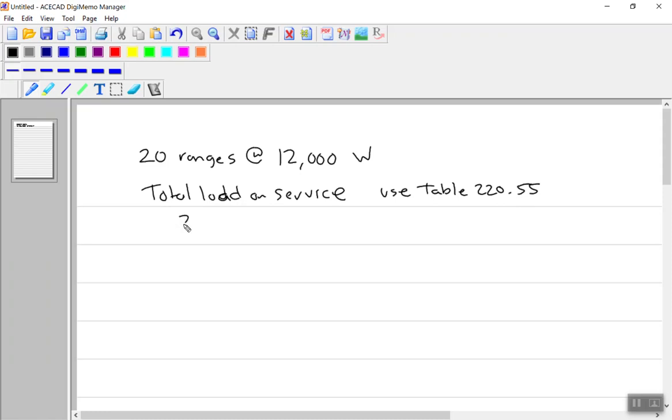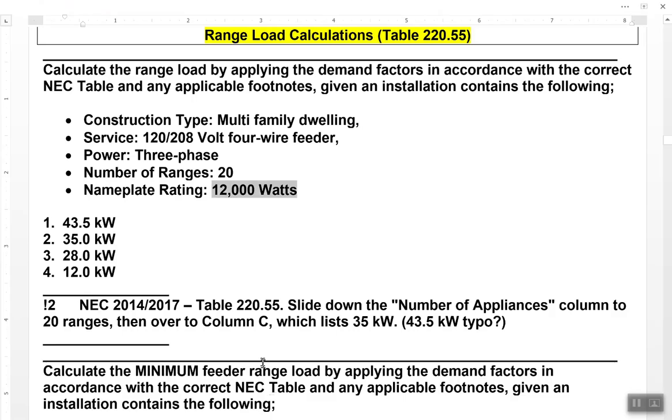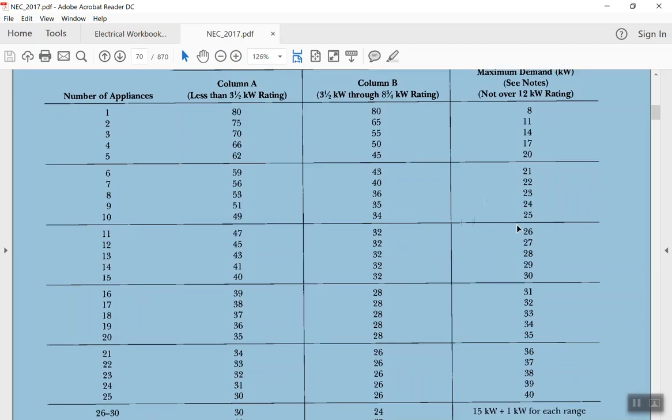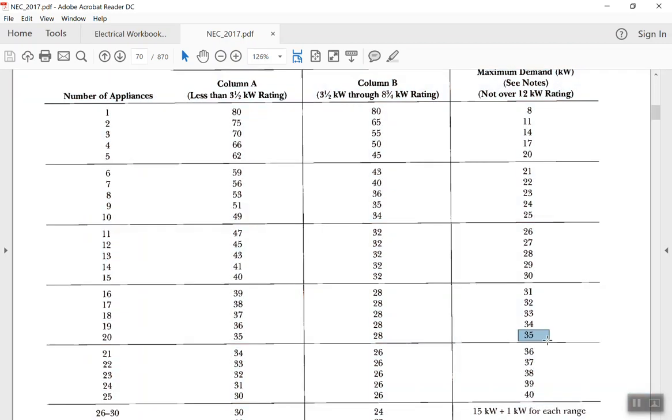We looked up 20 units, right? We slid over to column C, and it lists very simply the correct answer. Put it back up here. 35. Okay. Right, 35. Right there it is. 35 kW. Right. 35 kW. Right there.